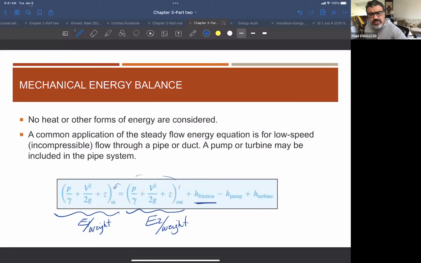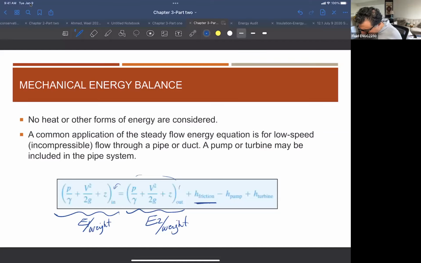Or I have a fluid flowing, and at some point this fluid is converted to a jet in order to push turbine blades. In this case, I'm converting some of the energy into the turbine. So I can write the same equation, but considering other equipment added in the system.